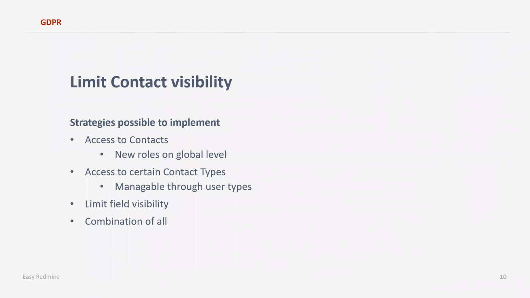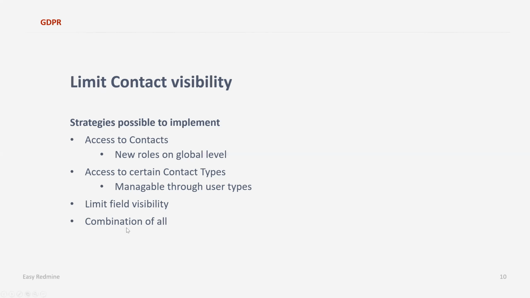I may see that some users don't access contacts at all. Some types of users need access to some contacts, but they don't need access to the personal contacts, which are based on contact type.